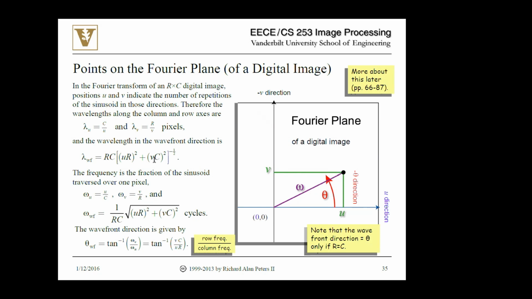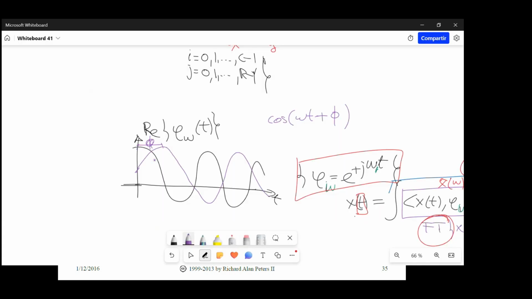And then let's make it more complicated. Before, our images were square, now they will not be square anymore. So they have any number of rows and columns, R rows and C columns. And then we can define many different frequencies. These u and v will be indexes, the same as i and j.